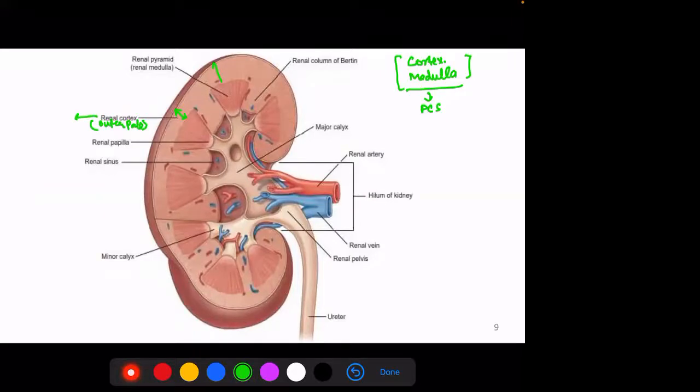The cortical thickness is 1 centimeter. This is an important MCQ. Why is it important? Because when there is gross hydronephrosis or any mass present, the kidney becomes non-functioning and this cortical thickness becomes very low. So a thin cortex is suggestive of a non-functioning kidney. The cortical thickness in a normal kidney is usually 1 centimeter.